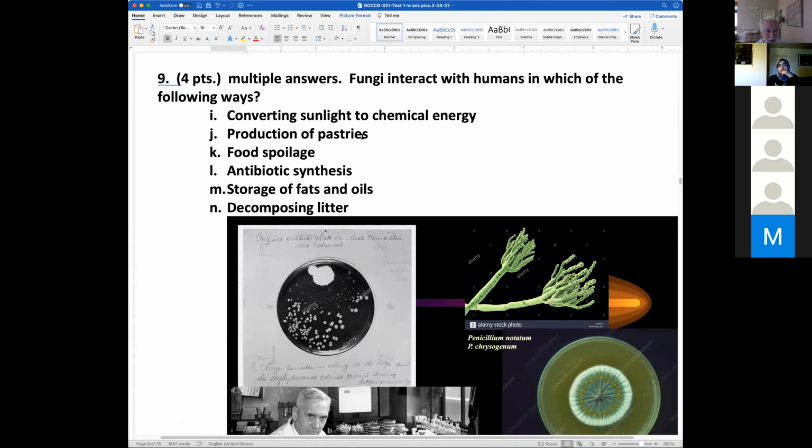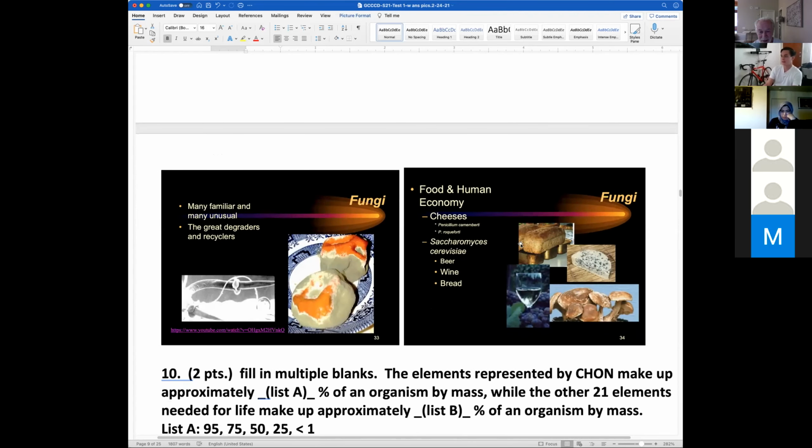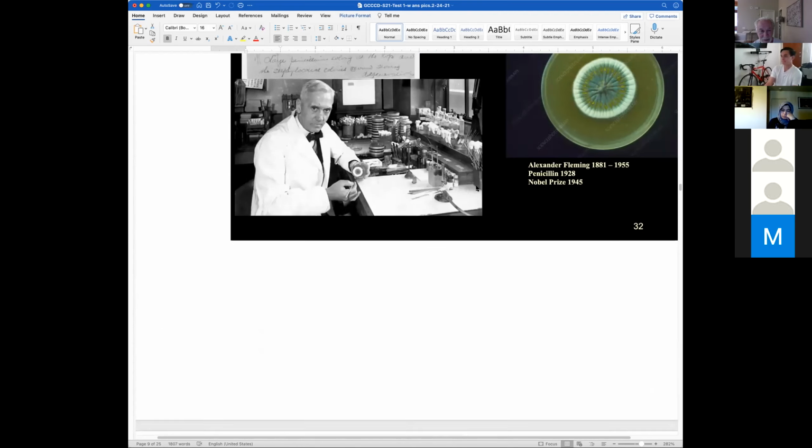Anyone agree or disagree with production of pastries? I agree with the production of pastries because of yeast. Because of yeast, right. And that came from this slide, picture of bread. So pastries are a form of bread.